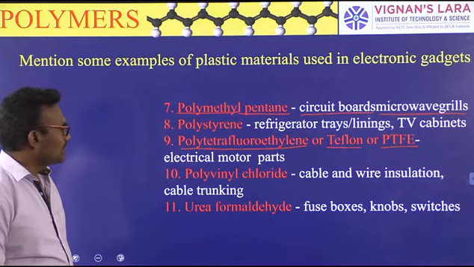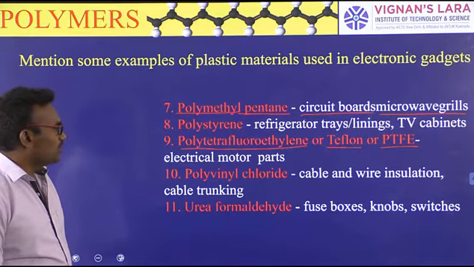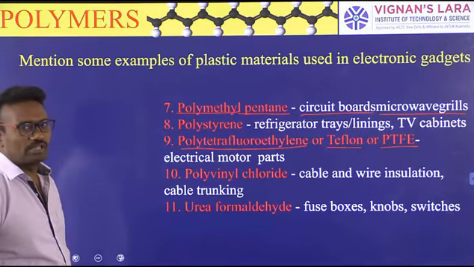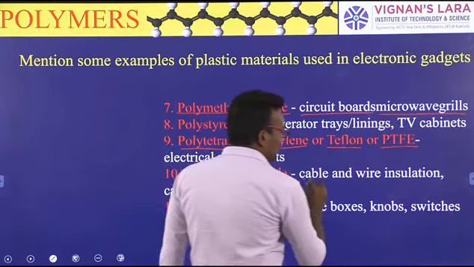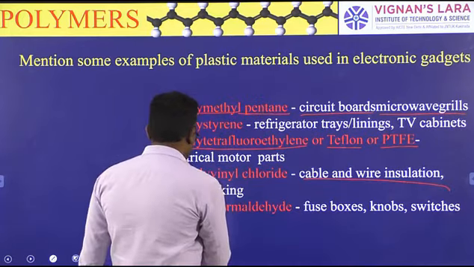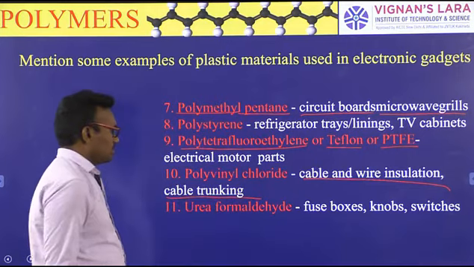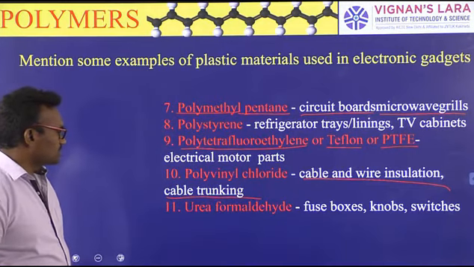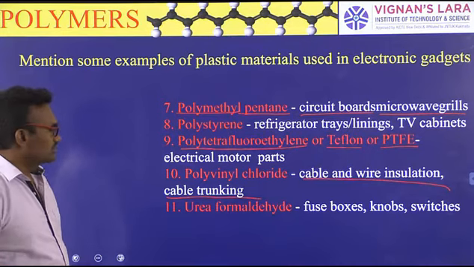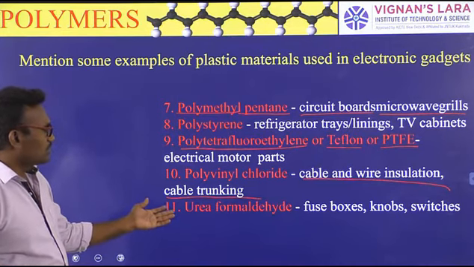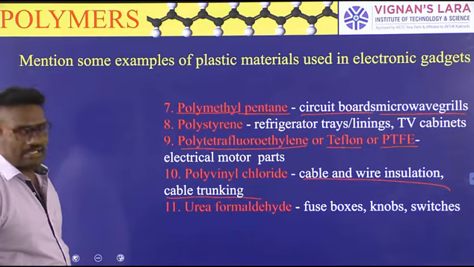The next is polyvinyl chloride. Polyvinyl chloride is used to design cable and wire insulation, and cable trunking. Next, the last, urea formaldehyde resin. It is also a thermosetting plastic like bakelite.